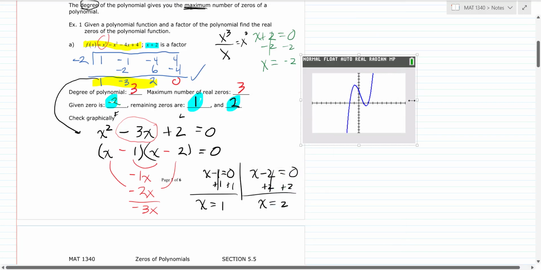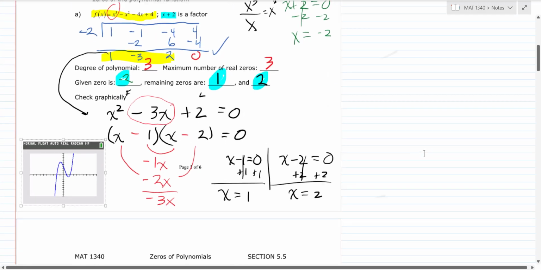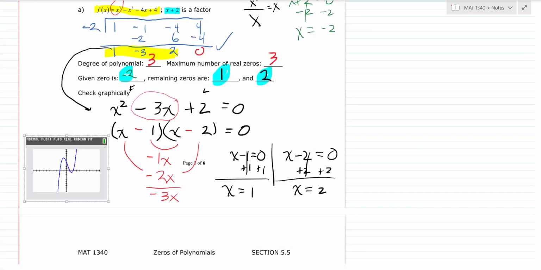One thing that you might want to do in your notes is make a really, really rough sketch of this graph, just so that you have a record of what all these zeros mean. So we have x equals 2, x equals 1, and x equals negative 2 as our zeros. This is the typical kind of problem that you're going to be doing.